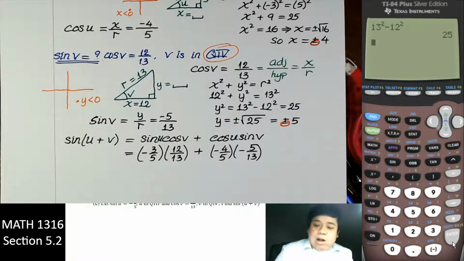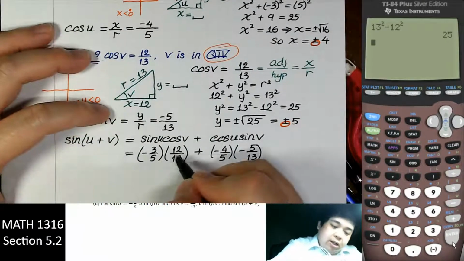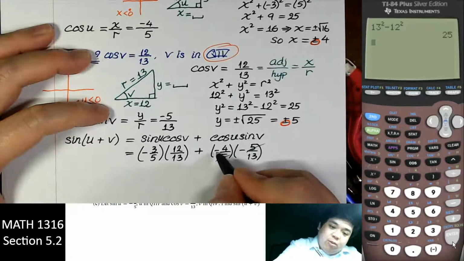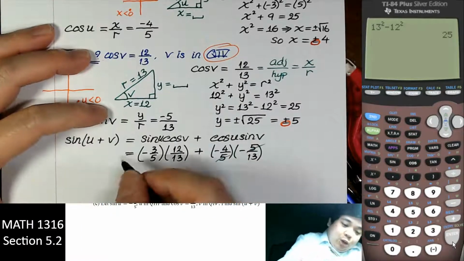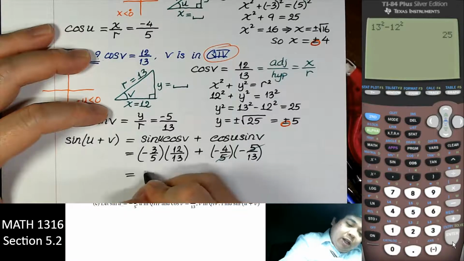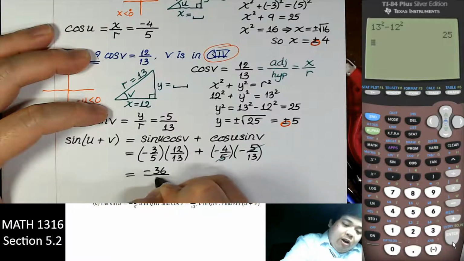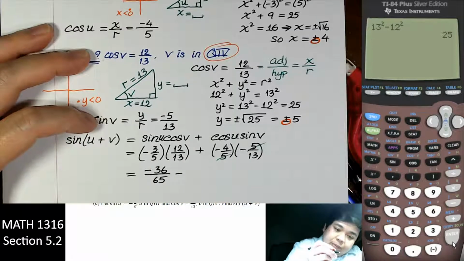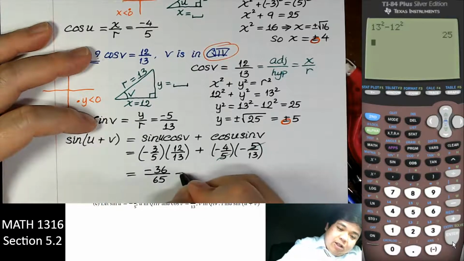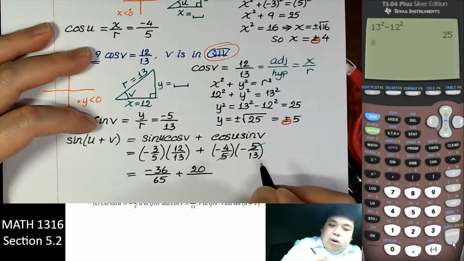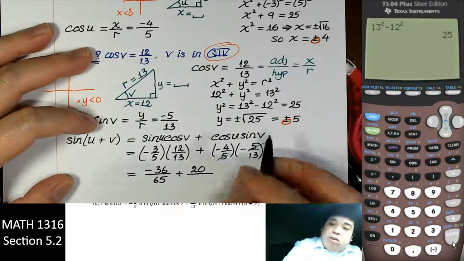Right, so with all the values we have, the 5s cancel out, minus and minus after plus, so we multiply across: negative 36 over 65, and then plus 20, sorry, the 5s cancel out, right?